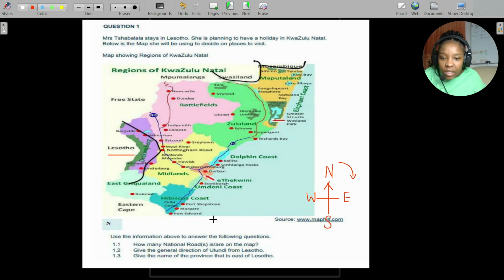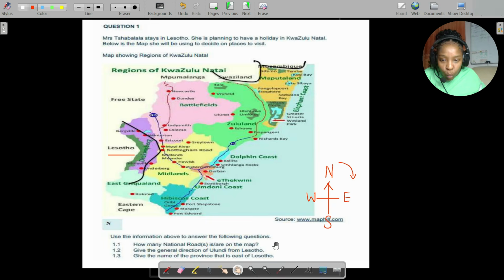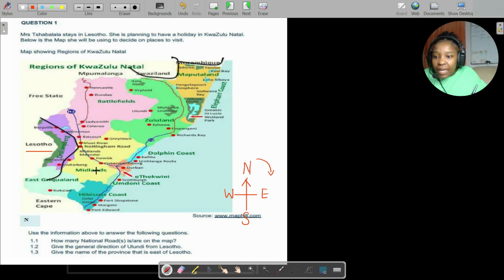Question 1.1: how many national roads are on the map? Remember, when analyzing a map, if you see an N with a number, that represents a national road.